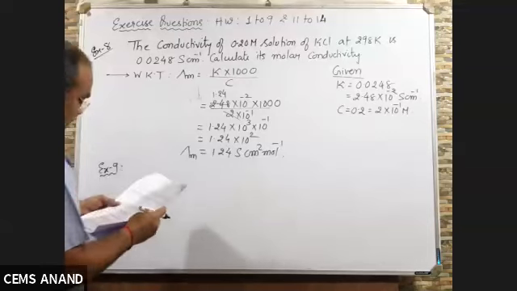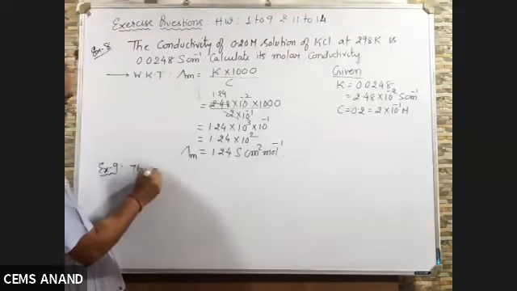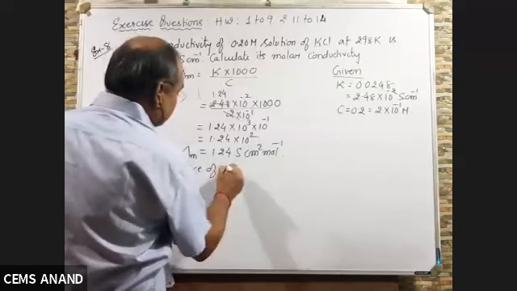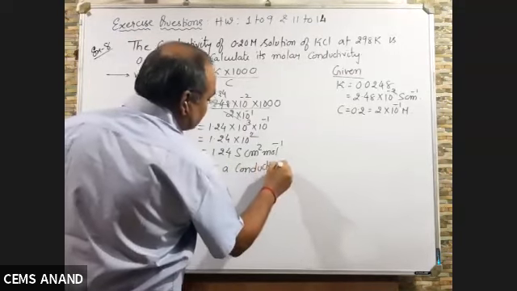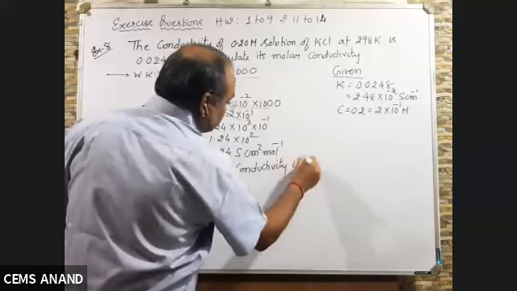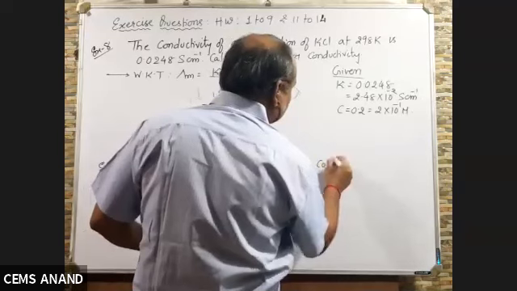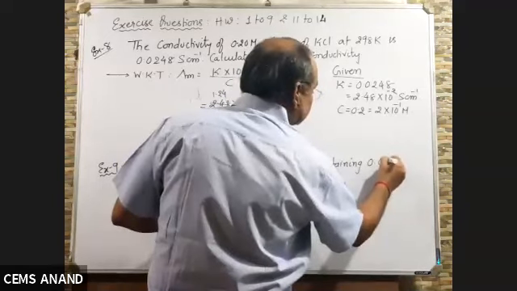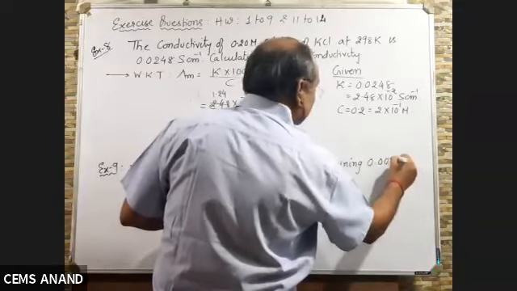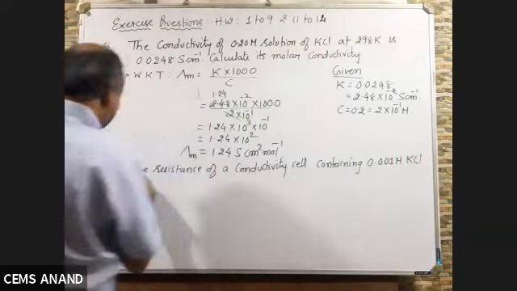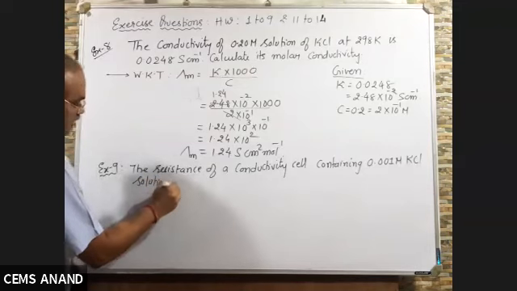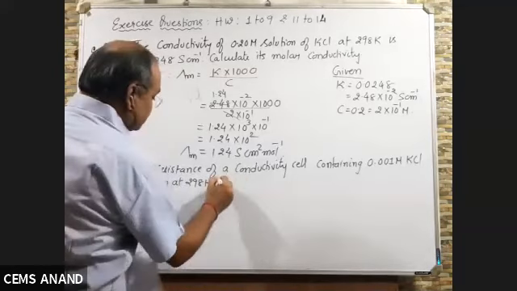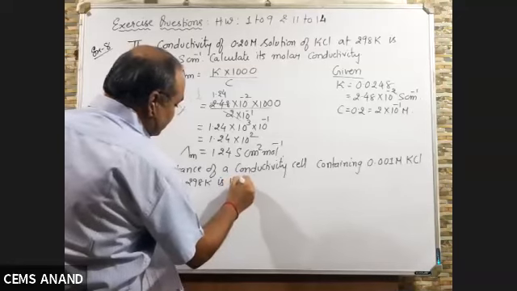The resistance of a conductivity cell containing 0.001 molar KCl solution at 298 Kelvin temperature is 1500 ohm.